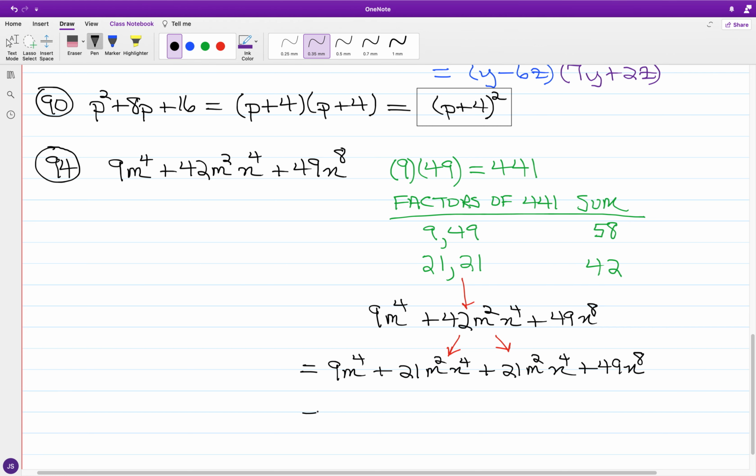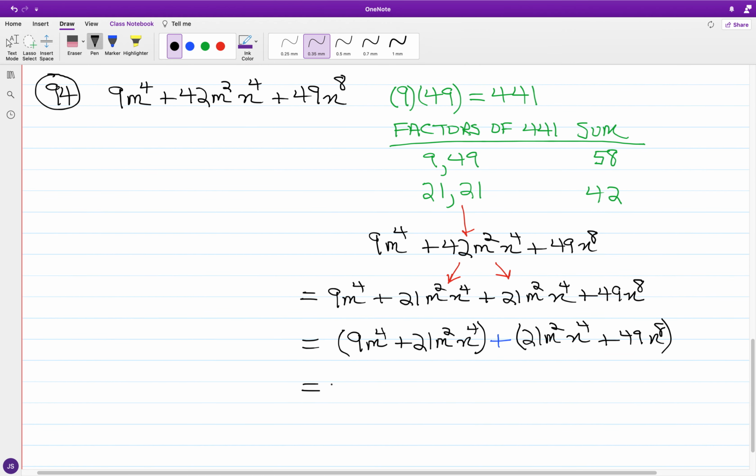And then looking at factoring by grouping, you have the middle operation to be addition. And looking at drawing out the greatest common factors, we have with the first.